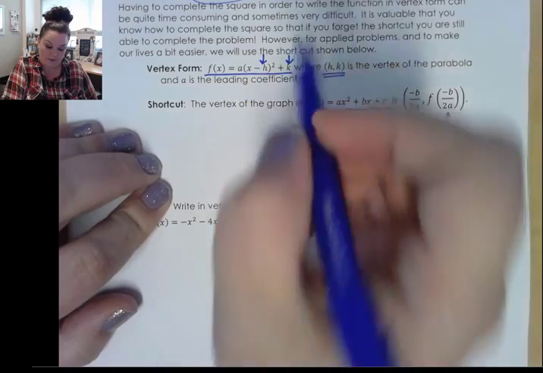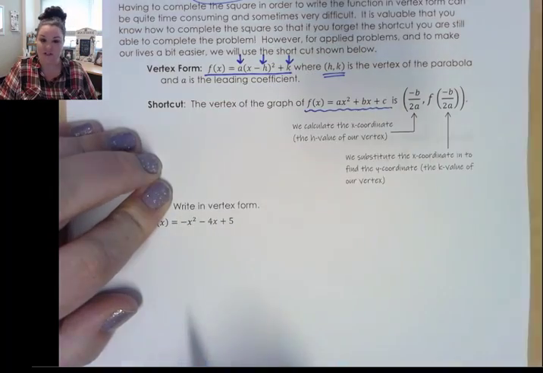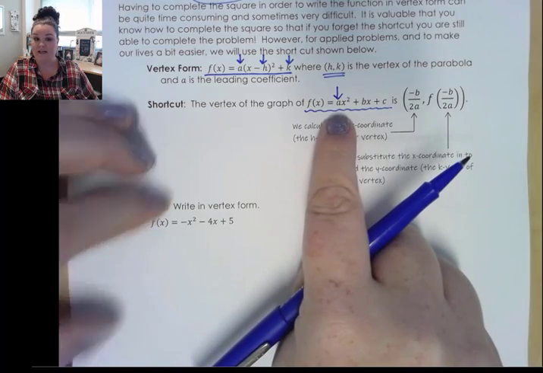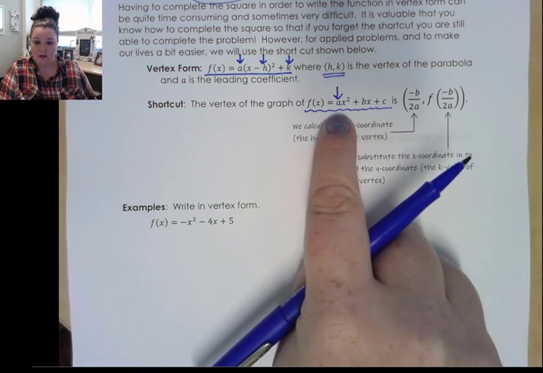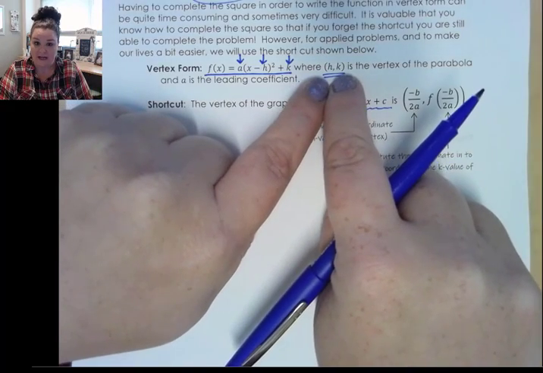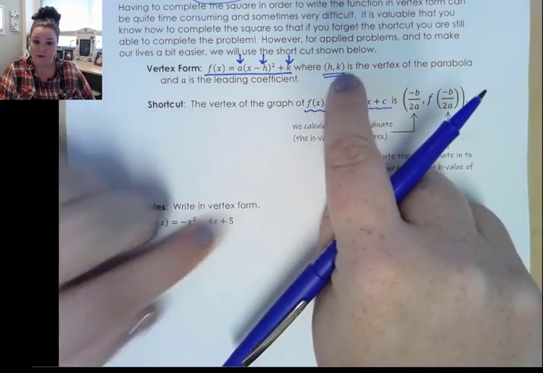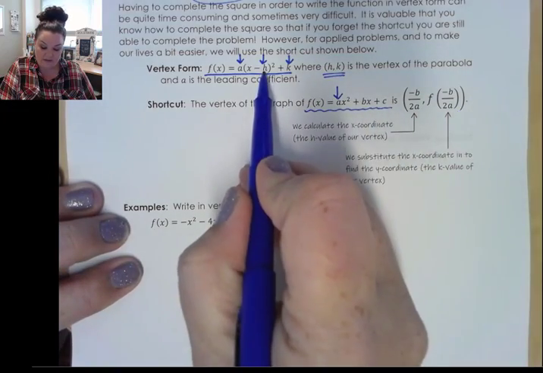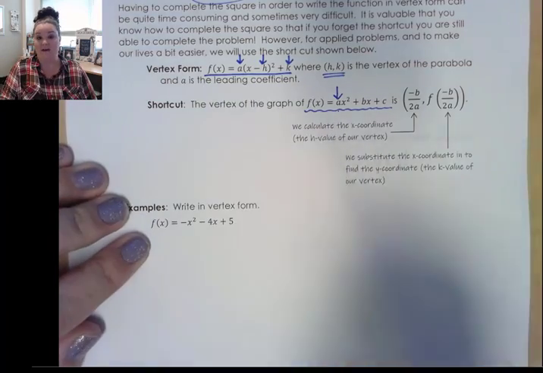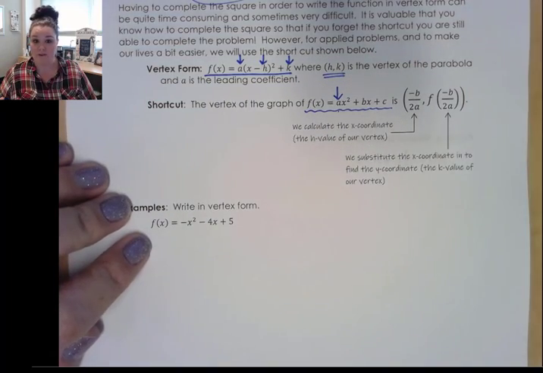The only other thing I would need to know is the leading coefficient, which we would already know given the function in its standard form, right? So that's what we're looking to do today, is we want to be able to find the vertex, because if we can find the vertex, we can plug in the h value, the k value, and that leading coefficient, and we'll be able to have it written in vertex form without having to complete the square.